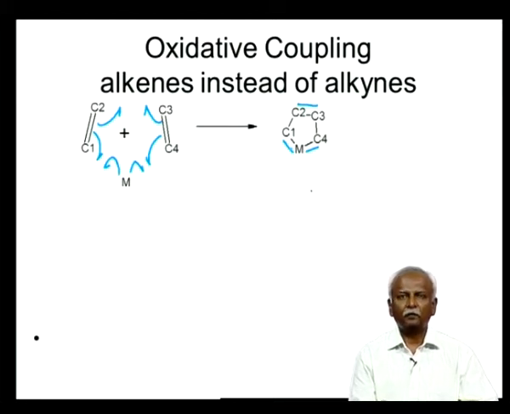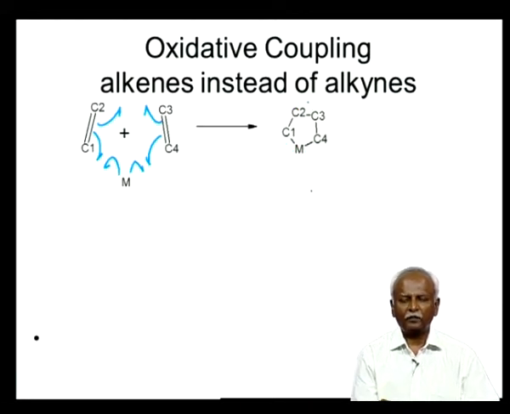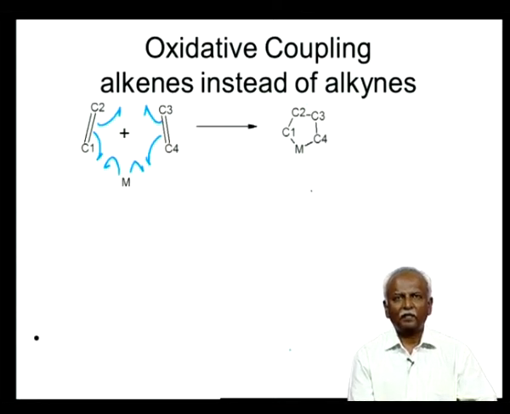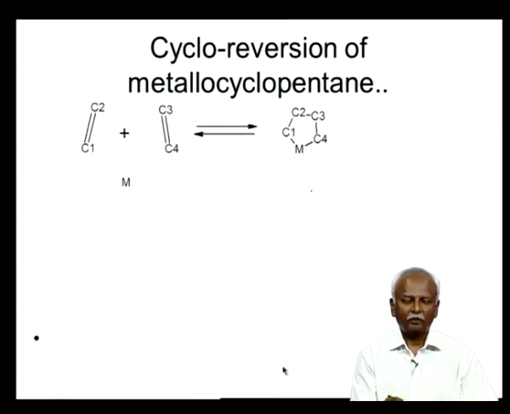If this metallacyclopentane is formed, then this can be an intermediate involved in the formation of the olefins again through a cyclo-reversion reaction.